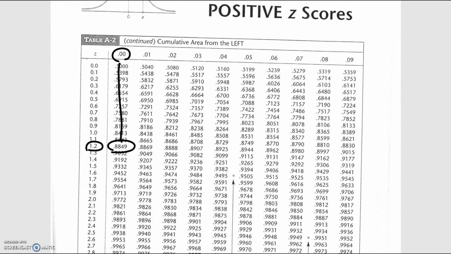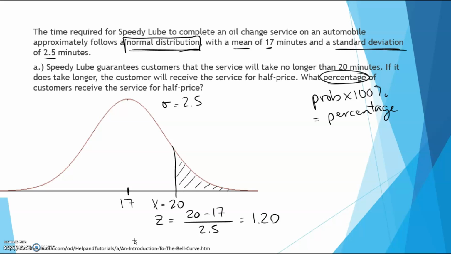So the area to the left is 0.8849. But the area to the left are the customers that don't receive the service for half price.